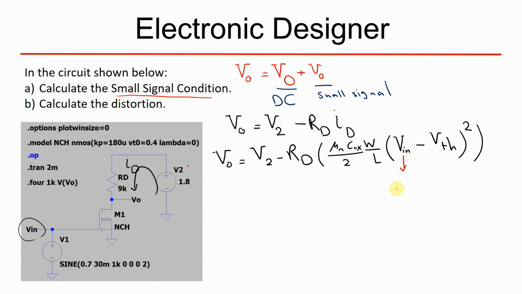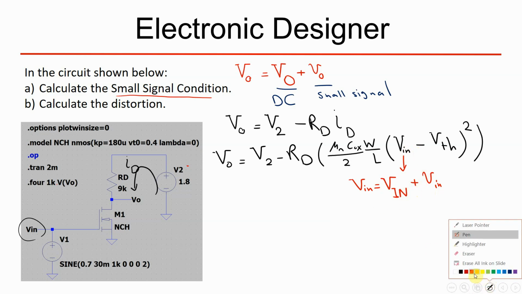Vin includes both terms. Vin equals capital V capital In, which is a DC component, plus small v small in. Now I'm going to substitute this formula into this one.